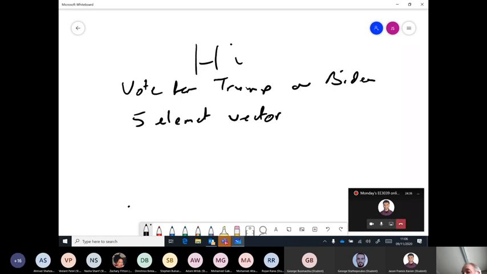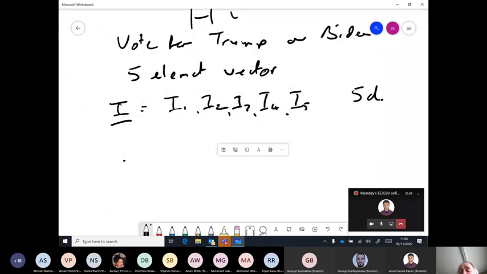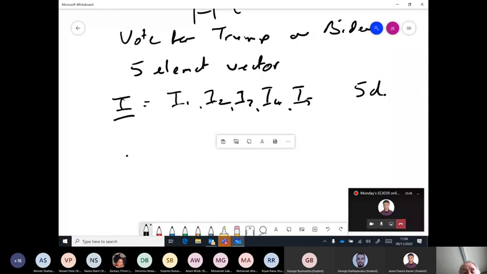So our input pattern is the input I equals I1, that's a vector, I2, I3, I4, and I5. So that is my vector space, and it's 5 dimensions. Now, 5 dimensions we cannot draw in 2-dimensional space, but the mathematics can be applied to 5D.